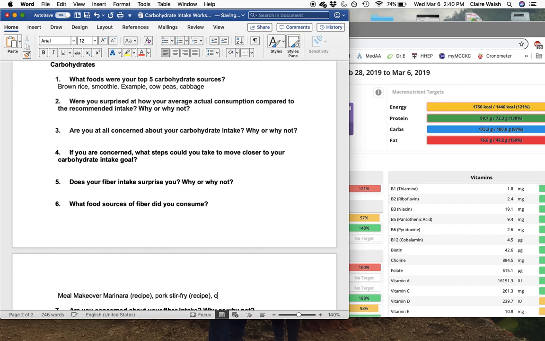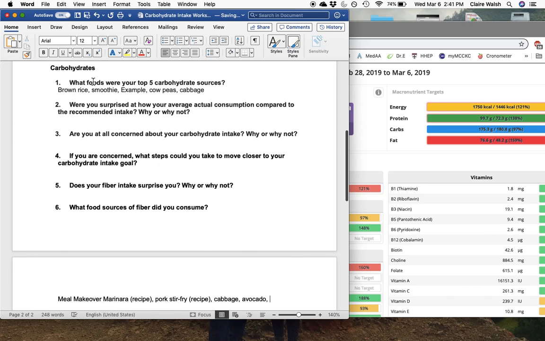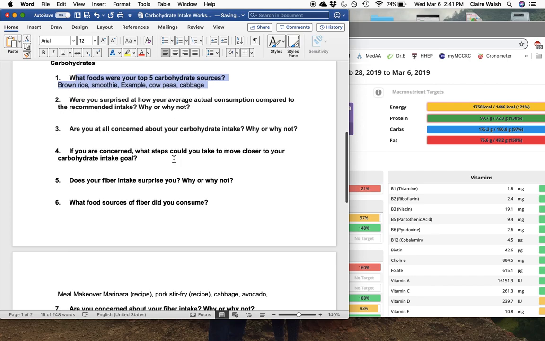And then I think I had cabbage, avocado, I don't know, some other things. But in this section, I really do want you to list all of the food sources of fiber you consumed. The carbohydrate piece, you only need to list your top 5 sources.